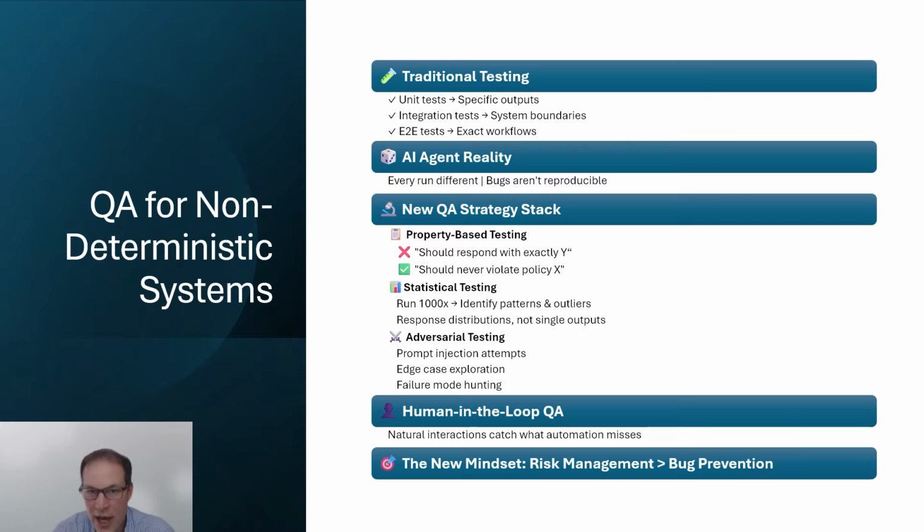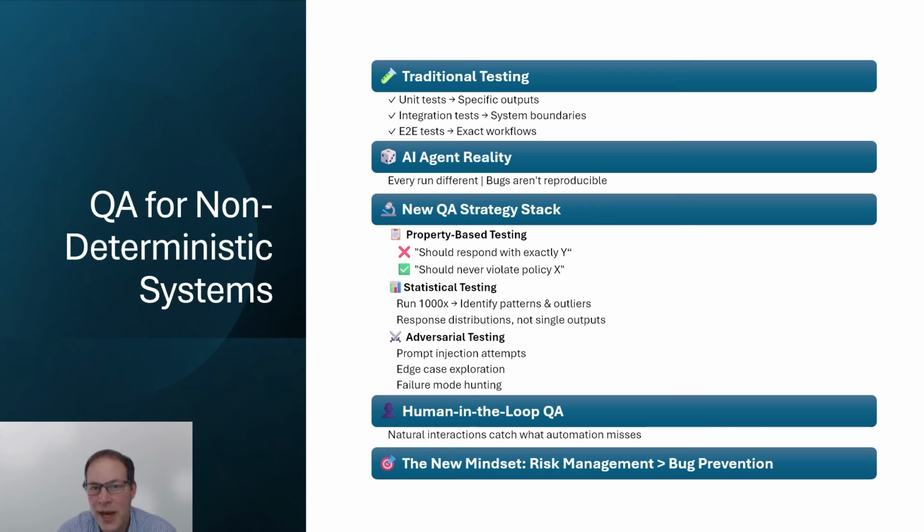With traditional QA, you rely on deterministic behavior. Now it's really hard to reproduce the exact bug, because the bug condition is frequently not fully specified. This is how we should think about addressing these challenges. We talked about continuous evaluations, but how do you create them?